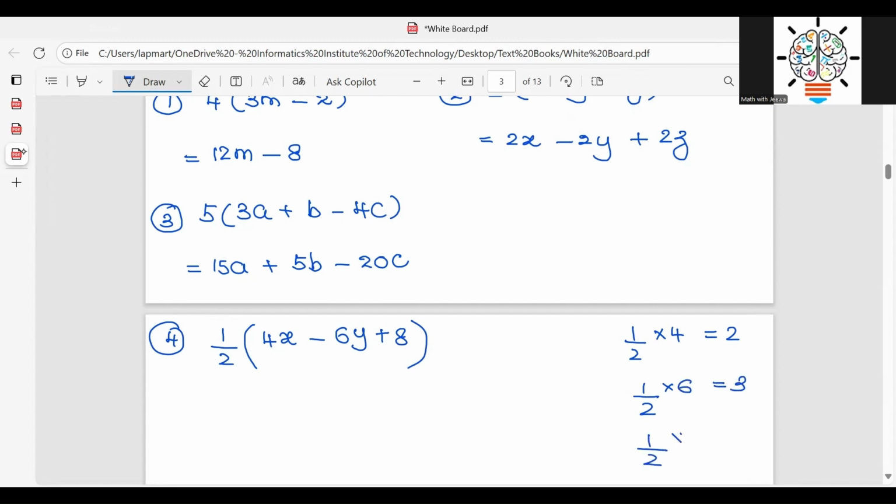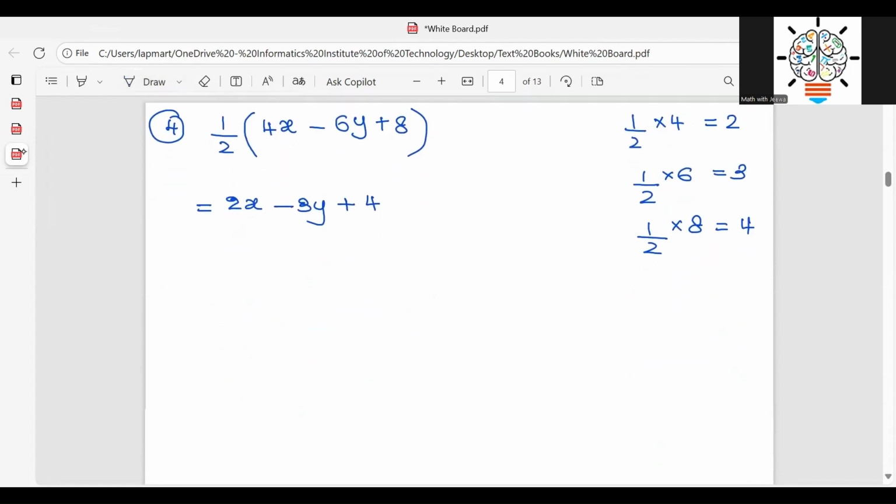Half times 8, the answer is 4. With that knowledge, we write it here: 2x minus 3y plus 4. Half times 4x, it is 2x. Half times 6y, 3y. Half times 8, it is 4.